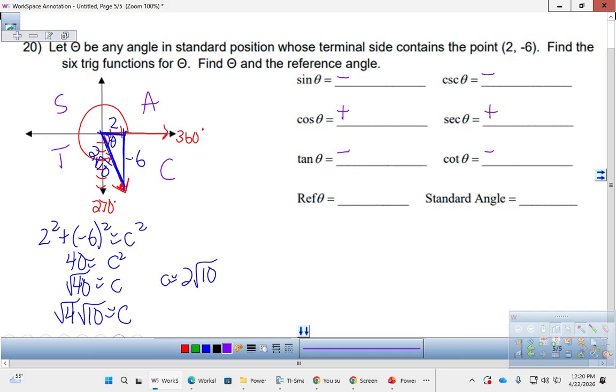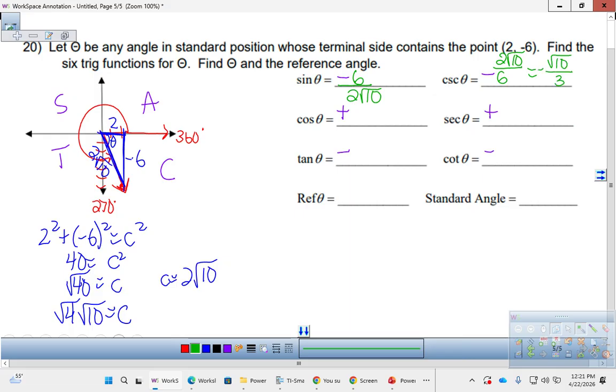All right, now let's work our way through these fractions. Sine is opposite, which is -6. That's where the negative's coming from. Over hypotenuse, which is 2 root 10. And cosecant is hypotenuse, which is 2 root 10, over -6, which is where the negative's coming from. Now, 2/6 in this cosecant can reduce to 1/3.